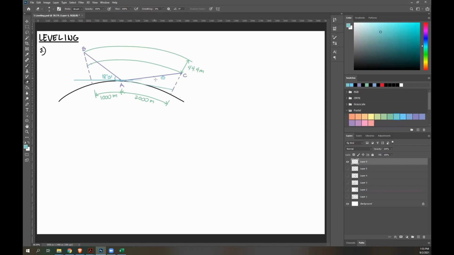So this is that phi. To get that, since we know this distance, all we need is this height. And then let's call that height YC.